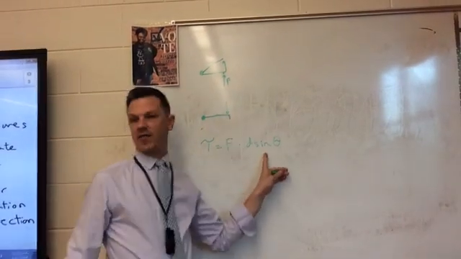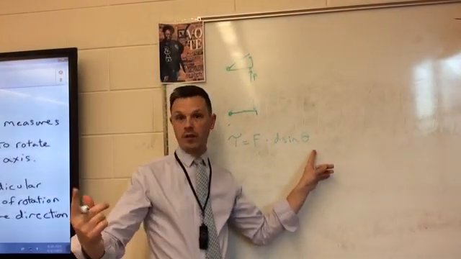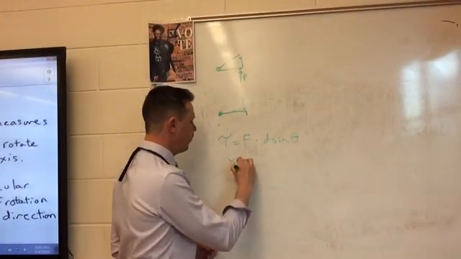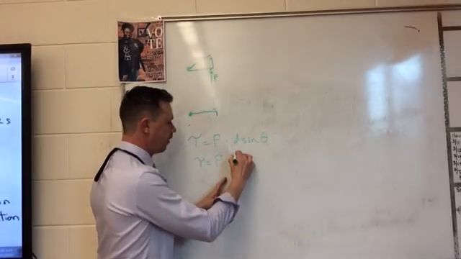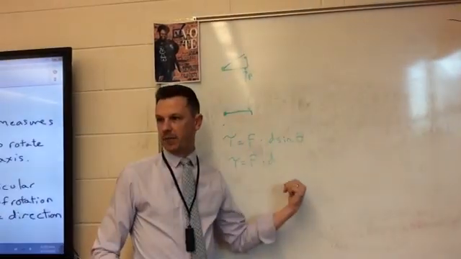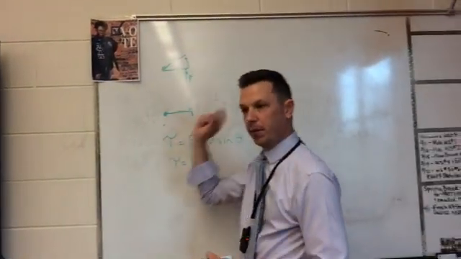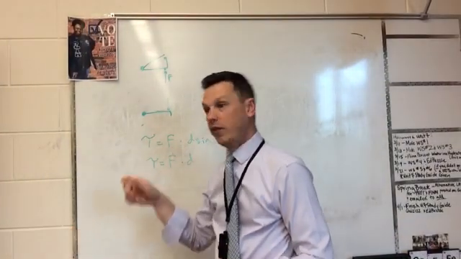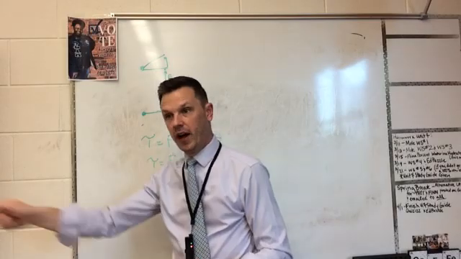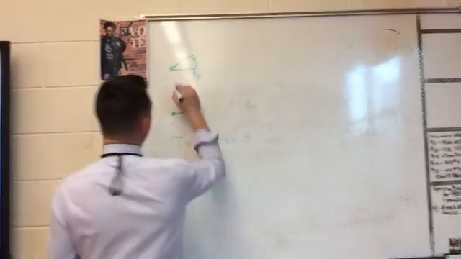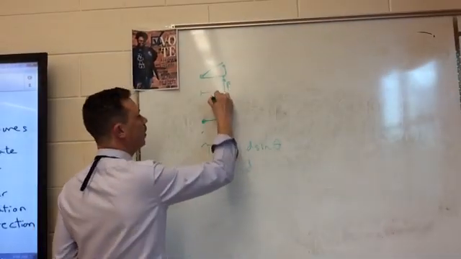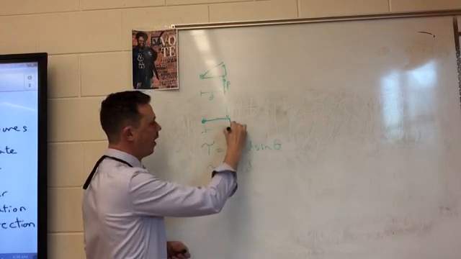Well, what is the sine of 90? 1. So really, this formula, if you apply a force at 90 degrees, just becomes F times D, right? And let's talk about what these are. Well, the force is the force that's applied to the doorknob or the door to open it up. And D is the distance from the axis of rotation to where the force is applied, okay?